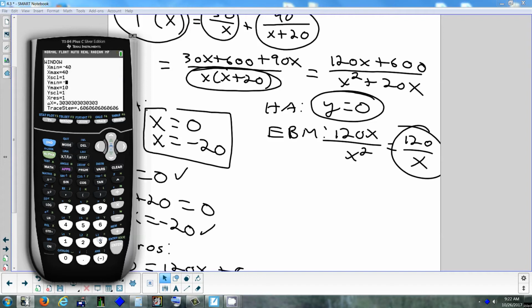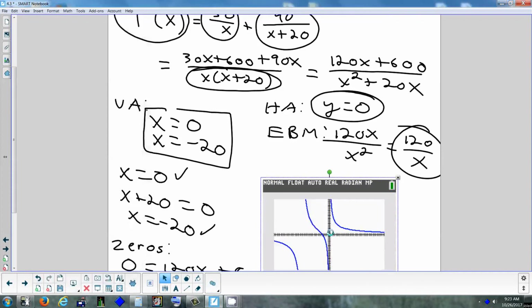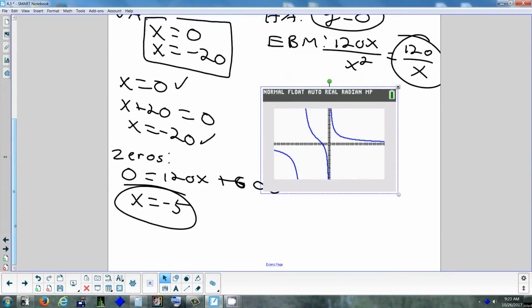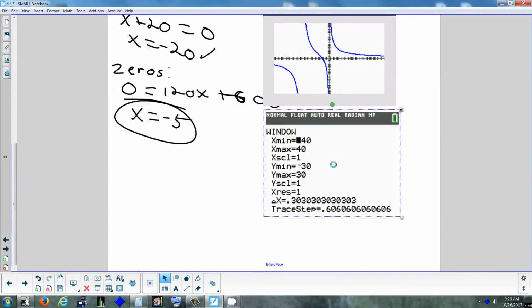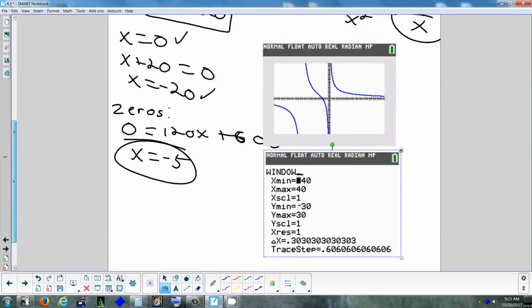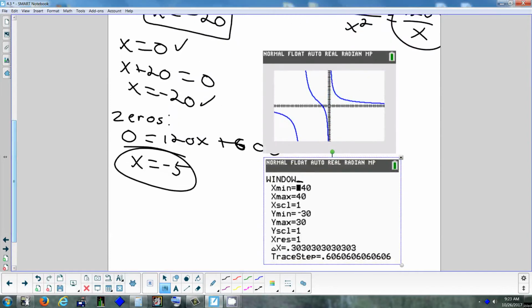I'll back it out a little so you can see it better. Now I think it's a little clearer: -20 and 0. So there's a complete graph. And if you want the window for that, I used those values. Any question on that?